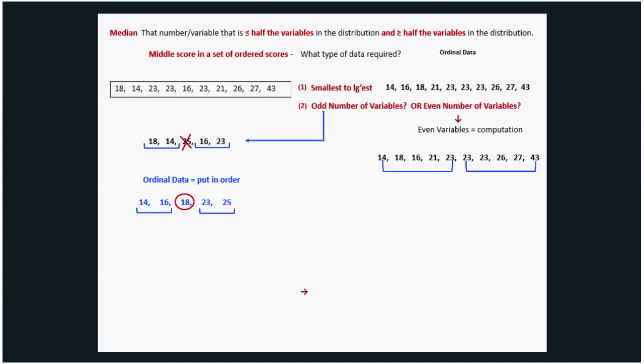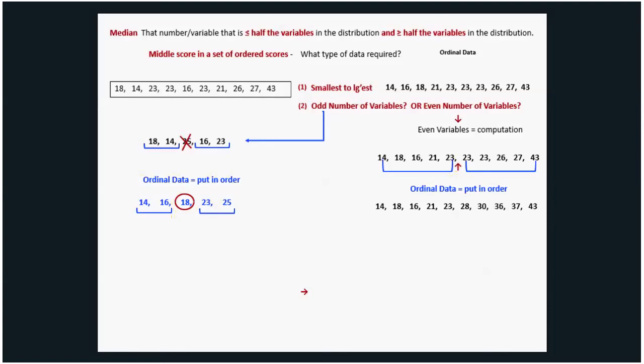Now, in a case like this, we might select 23 because 23 is equal to or greater than half these numbers, and equal to or less than the other half. But is this going to be correct if you put 23 down as your answer? What have we forgotten to do here? Ordinal data. We have to put it in order.